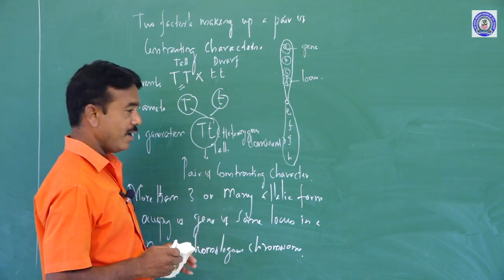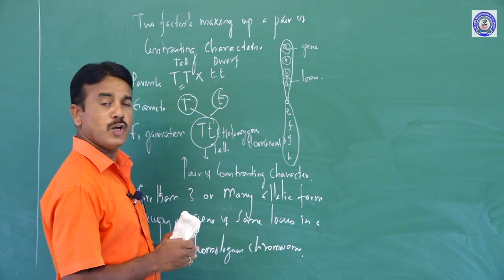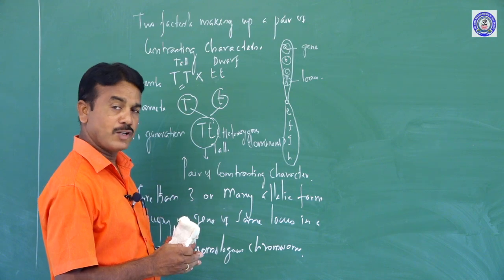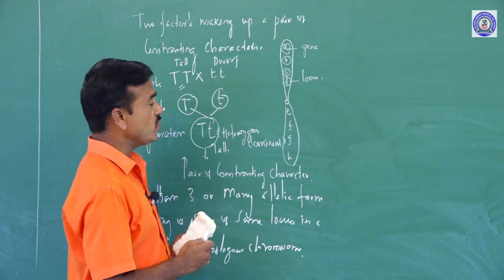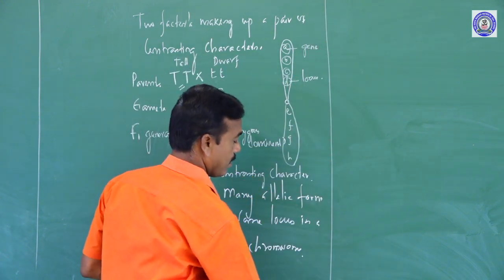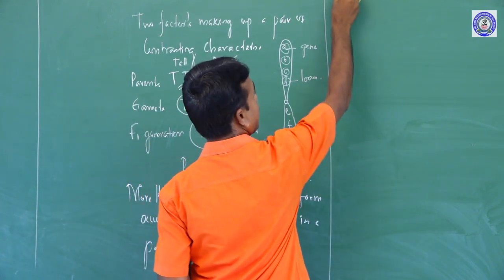In general, multiple alleles are located on the same locus and also on the same chromosome. Now we will discuss the next topic, the characteristic features of multiple alleles.